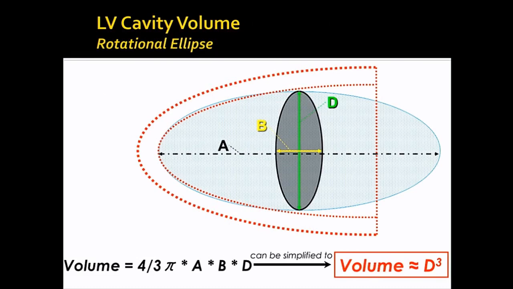Here's the rotational ellipse. Probably one of the oldest ways that LV cavity volume was assessed. It's typically assessed this way using M-mode measurements.